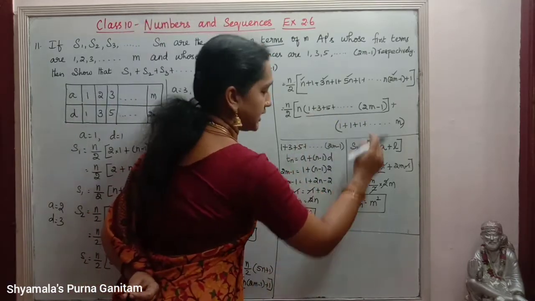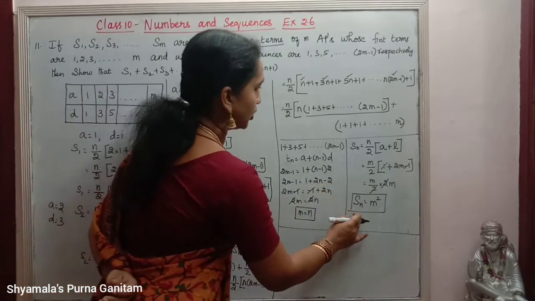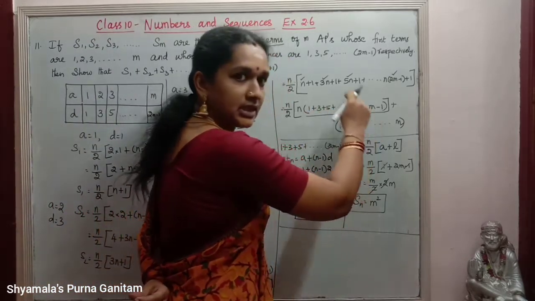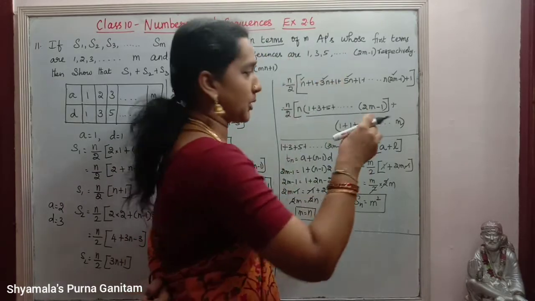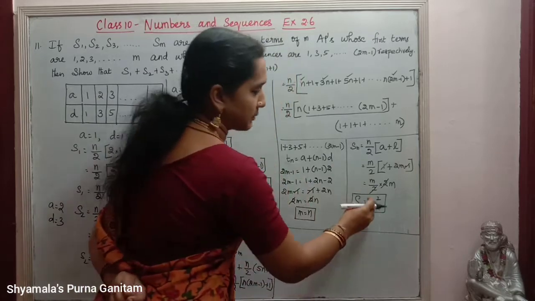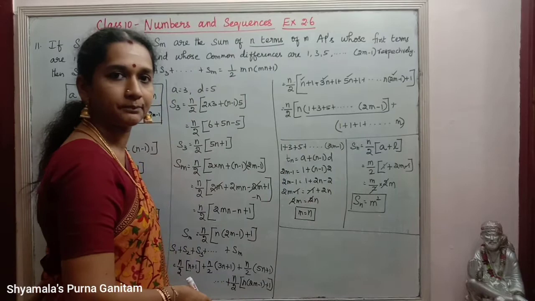We are adding all these things, so the value of the sum is m squared. Since we don't have the number of terms properly, it is given as 2m minus 1. We calculated it separately and are substituting that value, m squared, here.